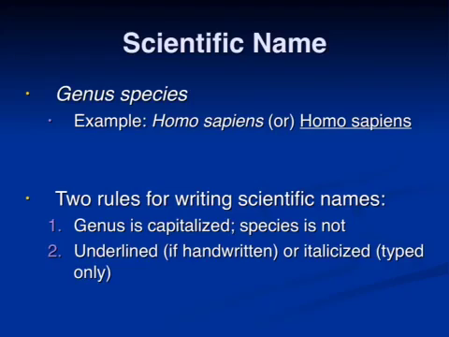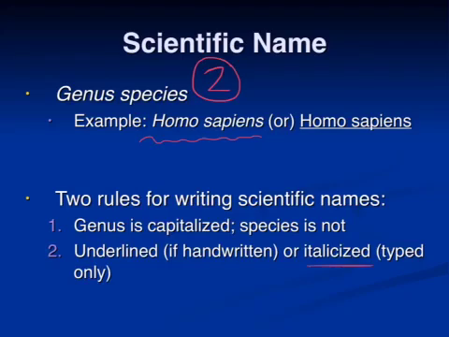So as I mentioned previously, the system we use is binomial nomenclature. So an organism's scientific name is made up of 2 parts, the genus and the species. So humans, our scientific name, Homo sapiens. If you were typing it out, you would italicize that, as we can see right here.